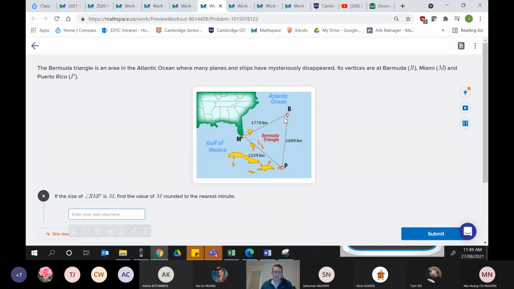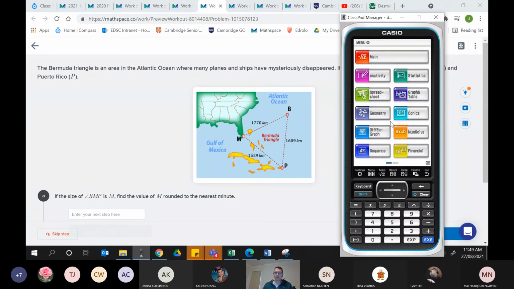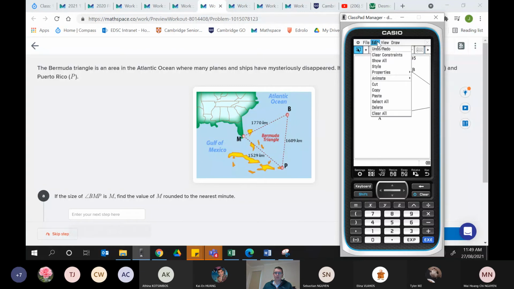So we got everything. You'd have to use a cosine rule for this if you want to find an angle because you've got the 3 lengths. But we have this other thing. We have geometry, which is just great having one of these beautiful calculators.